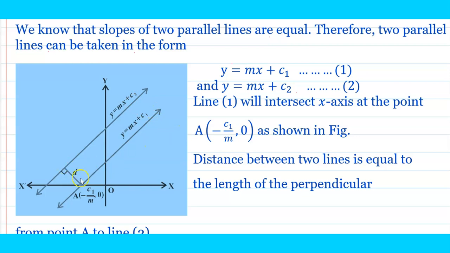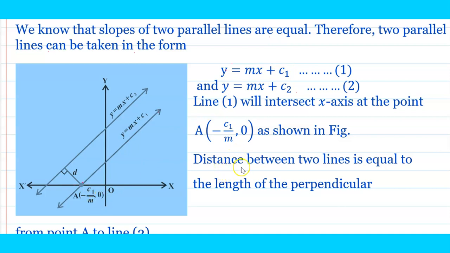And suppose the distance between these two lines is small d. Now, when the first line touches the x-axis, put y is equals to 0, then here you will get x is equals to minus c1 upon m, 0, as shown in the figure.